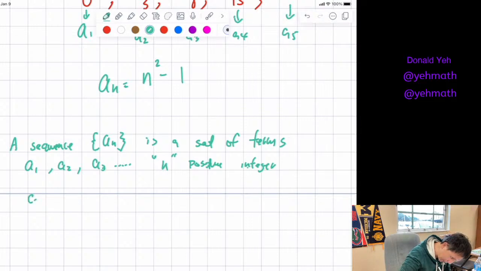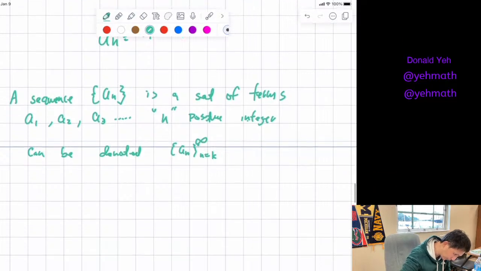It can also be denoted as a_n with n equal to k, where k is some positive number, and most of the time it's going to go to infinity.